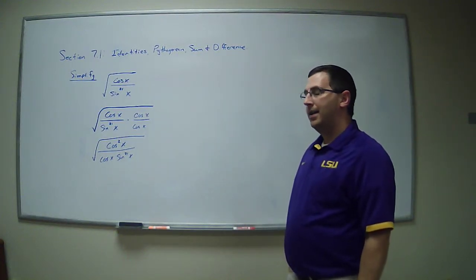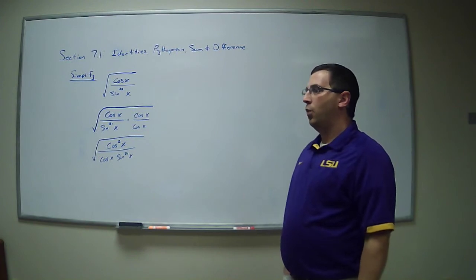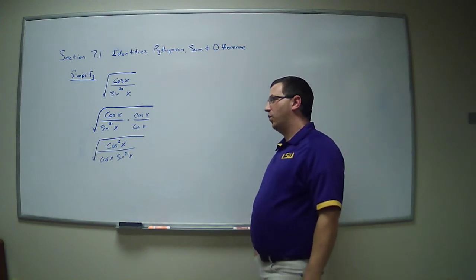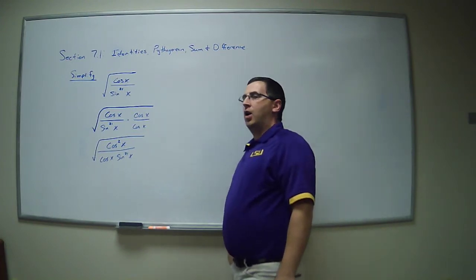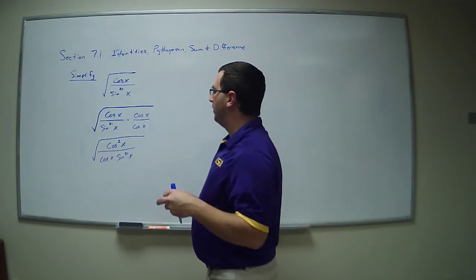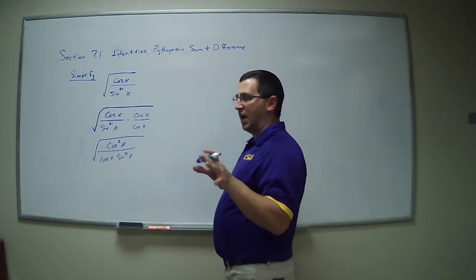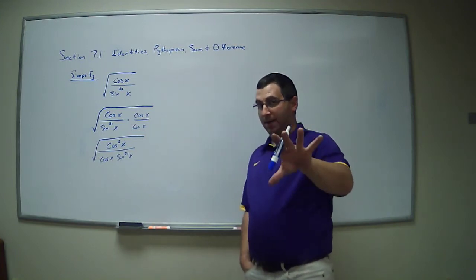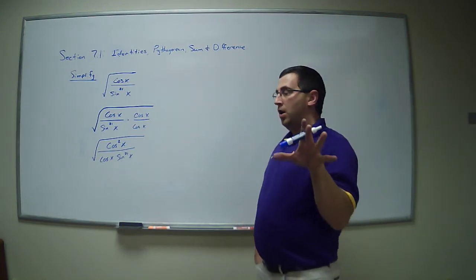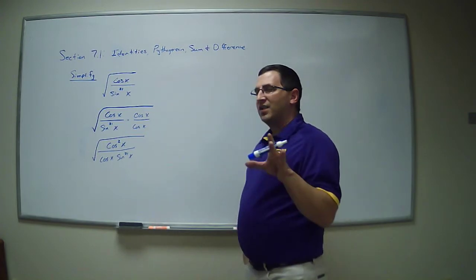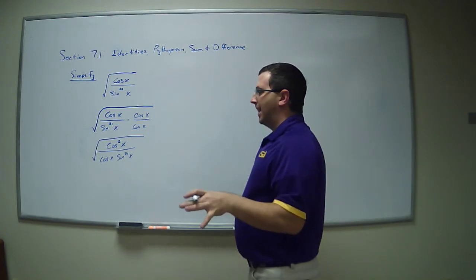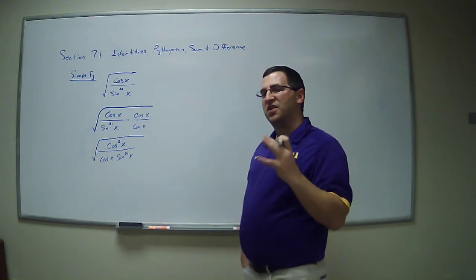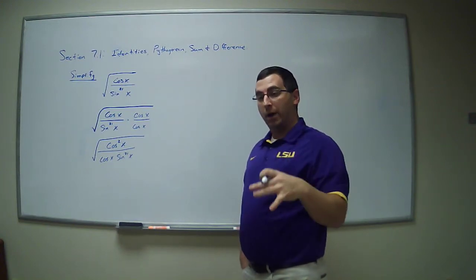Now, why did we do that? Well, if you go back to your properties of radicals from college algebra, that's why I'm telling you this right now: when you take the square root of a fraction, it's the same thing as the square root of the top over the square root of the bottom.